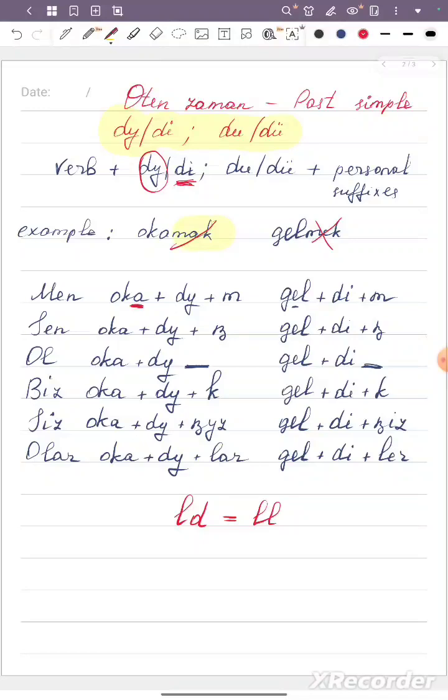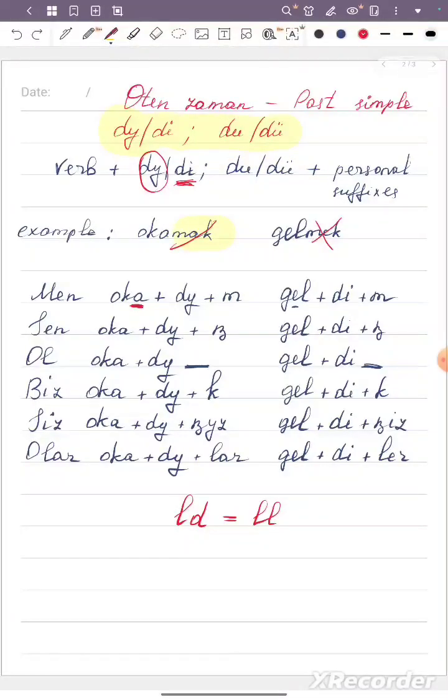Now, examples with du. Let's take a look at the examples where we can use the suffix du. Here we have a good verb.